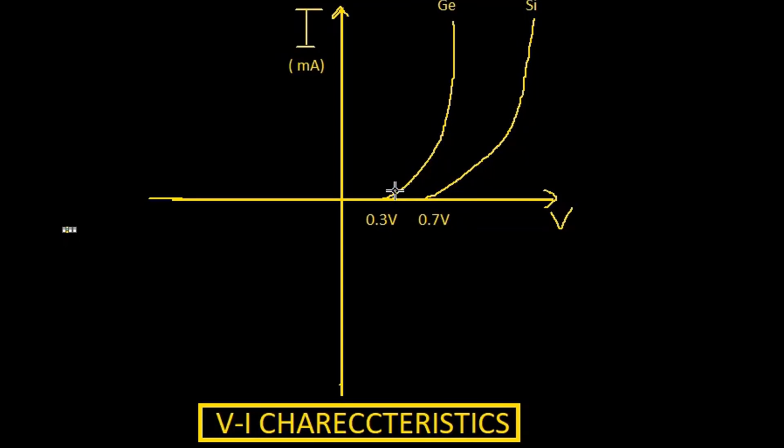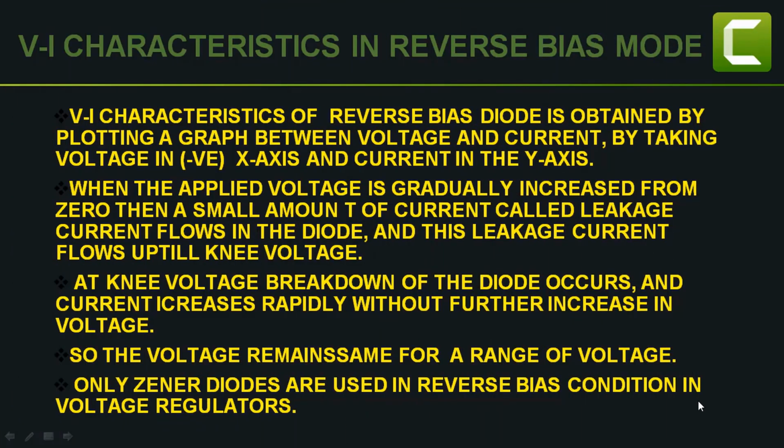So this is all about the VI characteristics, or voltage current characteristics. Our next topic is VI characteristics in reverse bias mode or reverse bias condition. The VI characteristics of a reverse bias diode are obtained by plotting a graph between the voltage and current, taking voltage on the negative x-axis and the current on the y-axis.